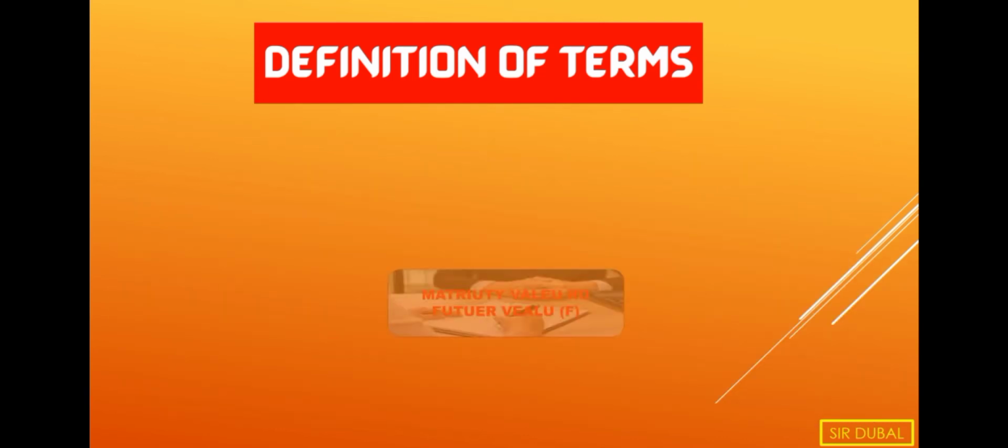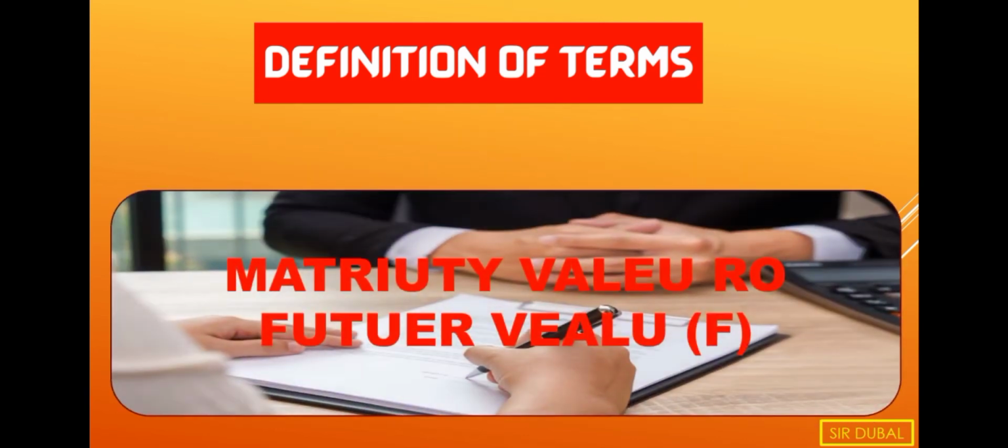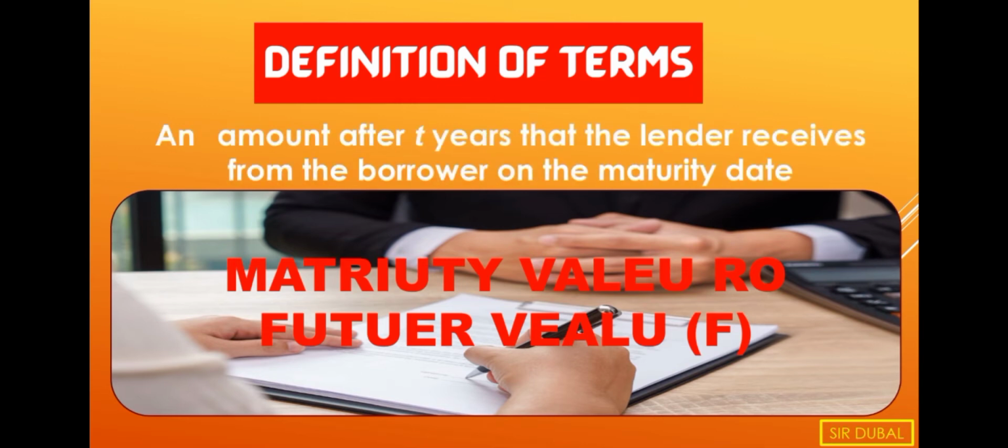And the last scramble words, MATRIUTYVALEURFUTUERVEALU. It is an amount after T years that the lender receives from the borrower on the maturity date.